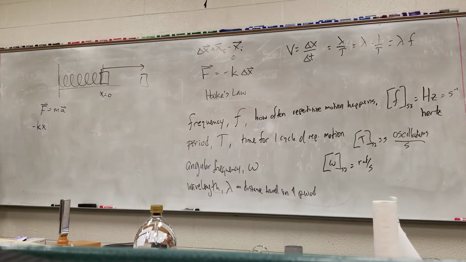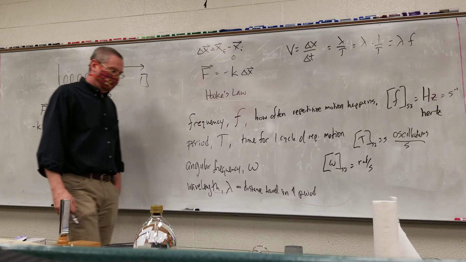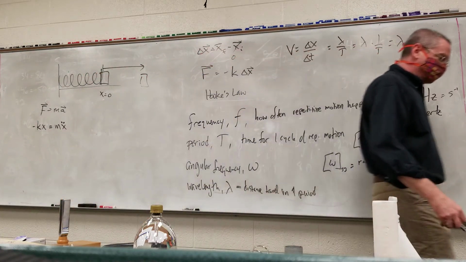So I'm just dealing with x. And that's equal to the mass times the second derivative with respect to time of x. So I have a second order differential equation here.